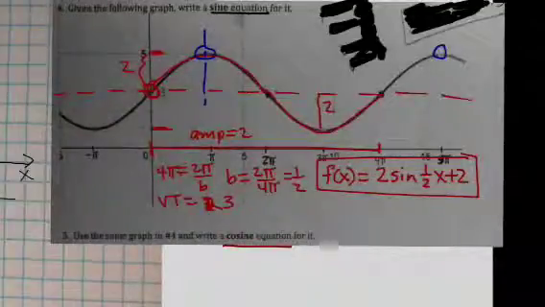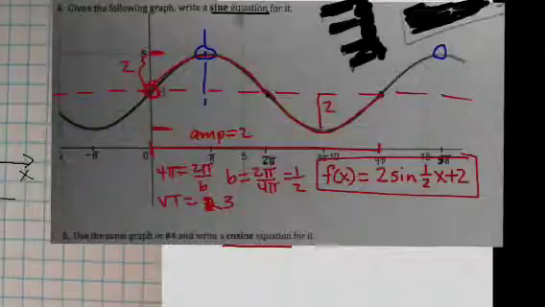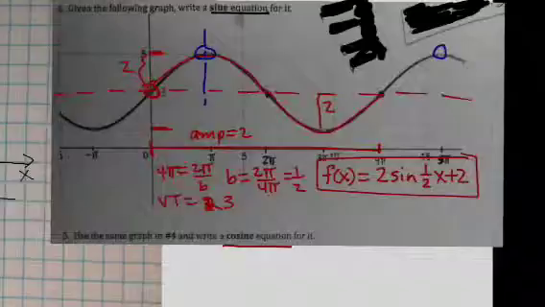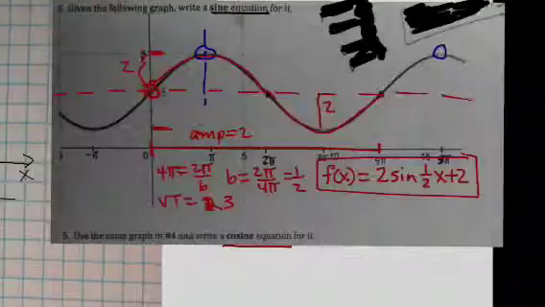Now, the period is the same for number 4 and 5 because it's the same graph. So the period is the same, the amplitude is the same, and the vertical translation is the same. The only thing that changes is the horizontal translation.